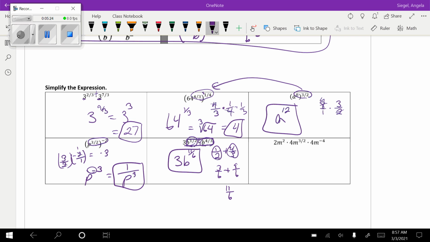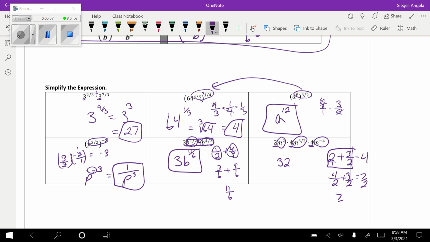And so finally, this one, I'm going to multiply the coefficients. So I have 2 times 4 is 8, times 4, which is 32. And for these, again, they're being multiplied, so I'm going to add their exponents. So I have 2 plus 3 halves minus 4. Let's do these two first. 2 plus 3 halves is the same thing as saying 4 halves plus 3 halves, which is 7 halves.